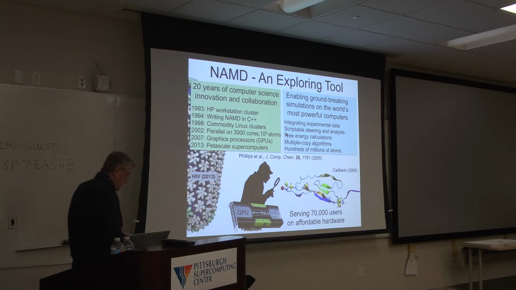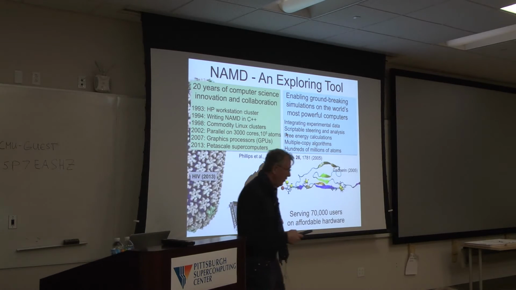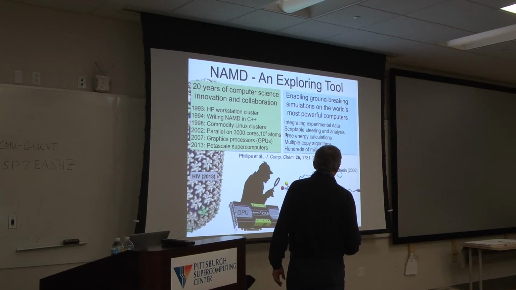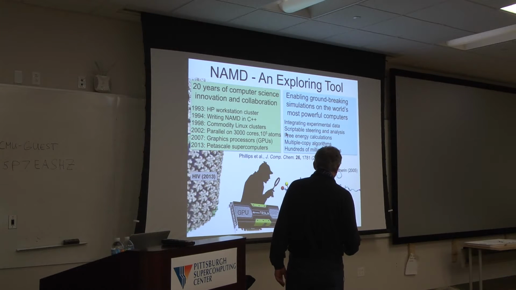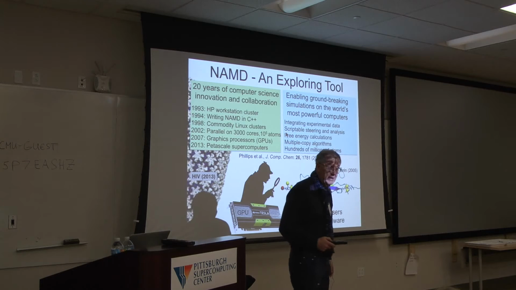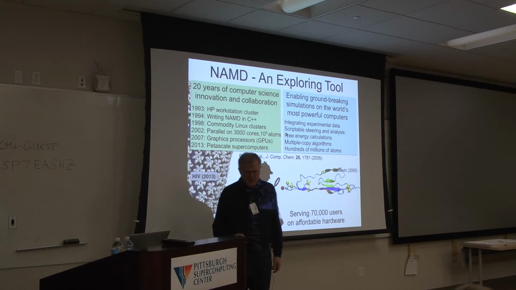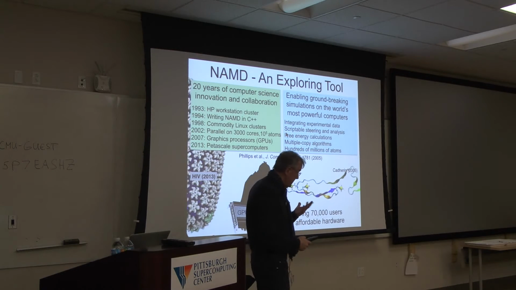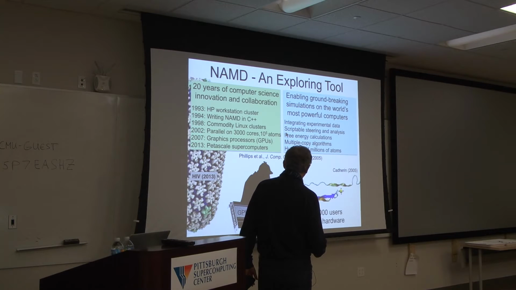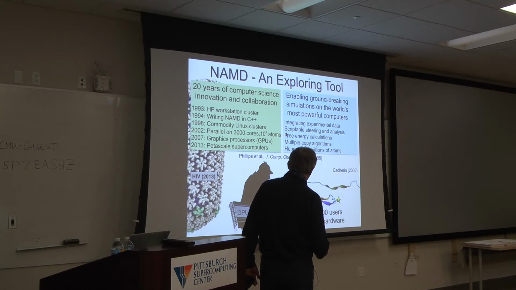So, just like we did in VMD before, here we have 70,000 users, so not quite as many as in the case of VMD, because NAMD is a harder program to use and fewer people use it.